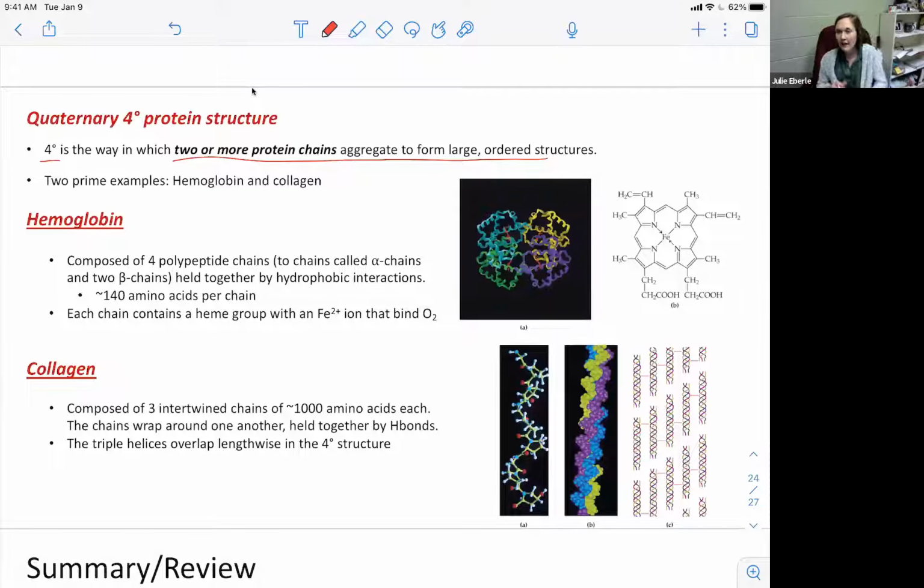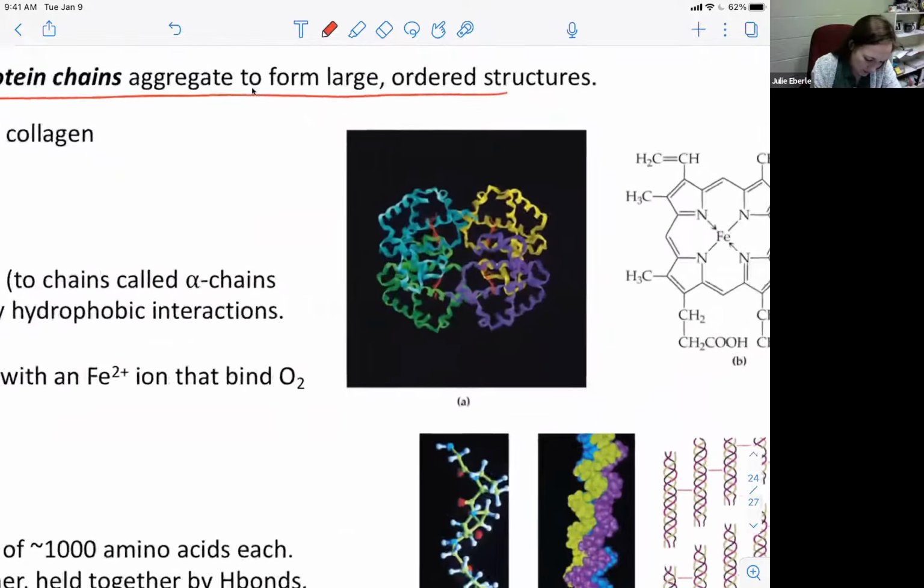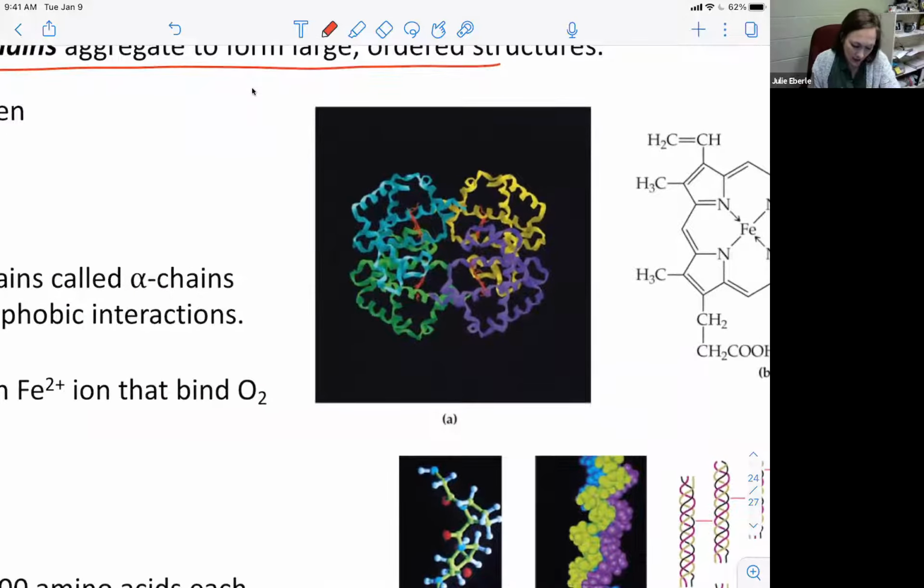So basically everything we've been talking about is within a single protein chain. When you get multiple chains, big long chains, they start to link together into different units. A great example is hemoglobin here. Can y'all see the different colors, the teal, the yellow, the purple, and the green? Each of those is its own protein chain.